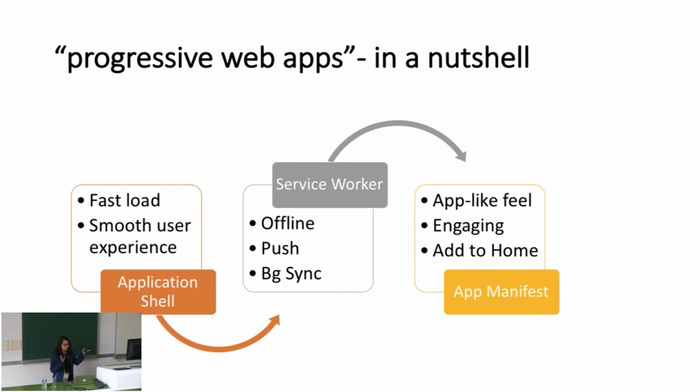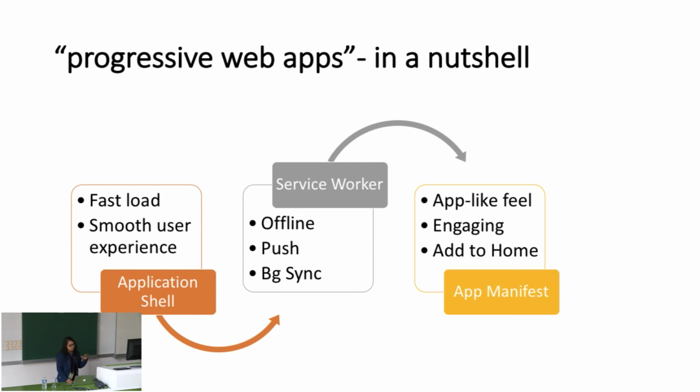So progressive web apps, in a nutshell, have this application shell that helps you load the content faster. At the heart of the technology is the service worker, which provides functionality like offline experience, push notification, background sync, and then we have the app manifest file, which helps us add it on the home screen, providing a more native app-like experience.